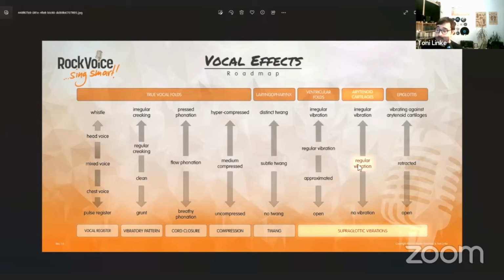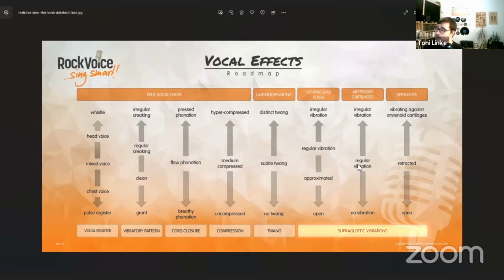You could hear this machine-like sound again, but now with a different interval than my distortion. That's usually the way you can distinguish false folds and arytenoids. And then in other contexts where the vocal folds don't vibrate regularly, the arytenoids are also vibrating not in a regular way because they have no reason.